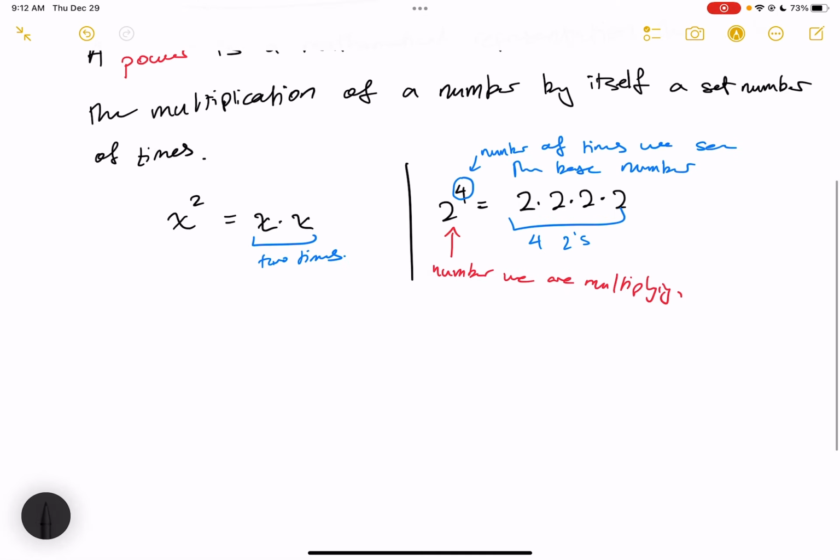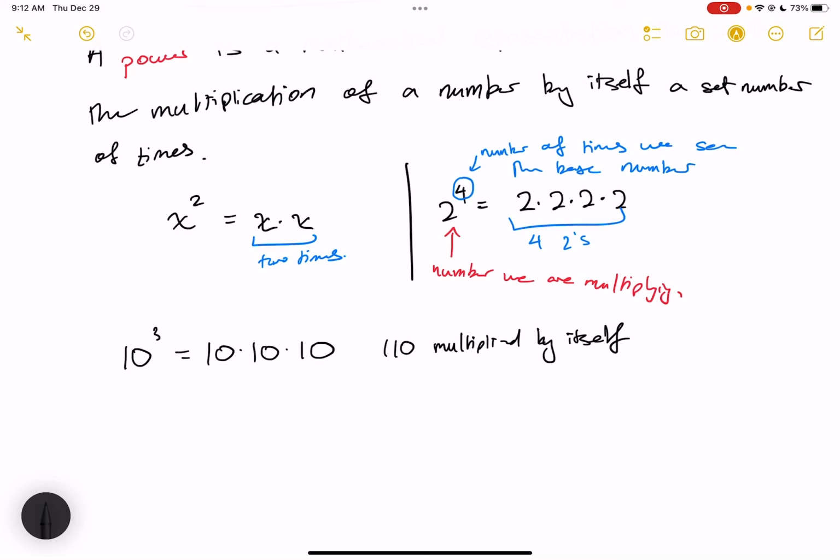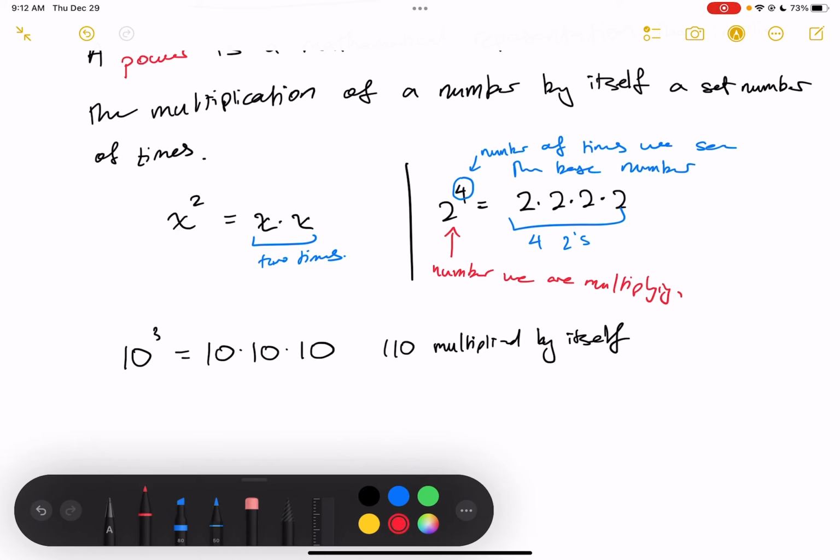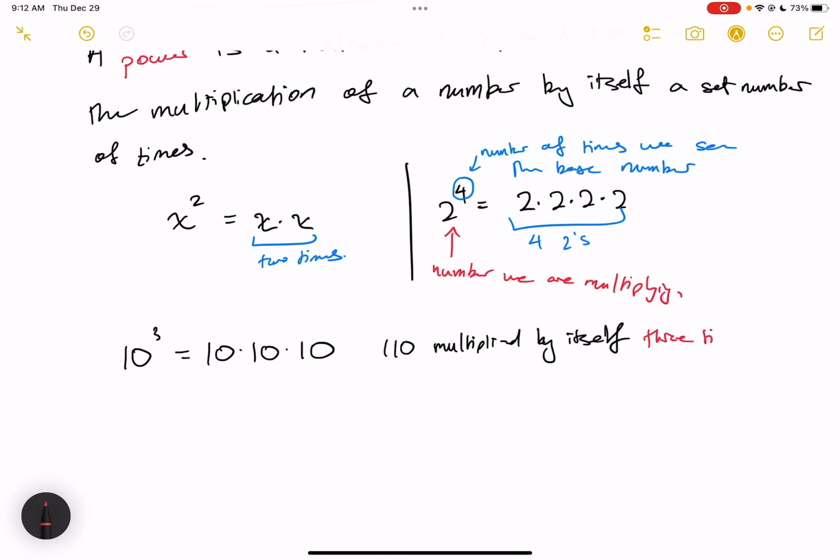For instance, if we had, say, 10 cubed, that's just 10 times 10 times 10, 10 multiplied by itself, we usually represent this by saying that it's multiplied by itself 3 times.